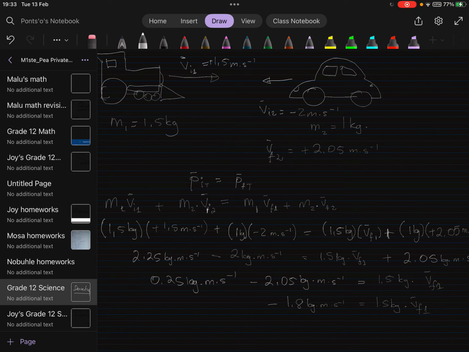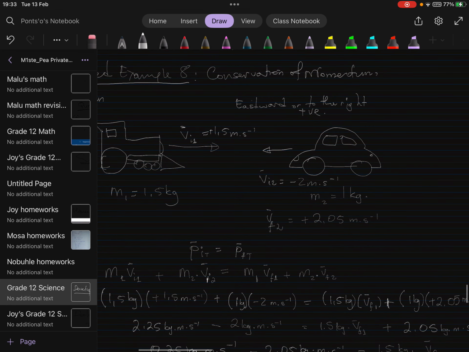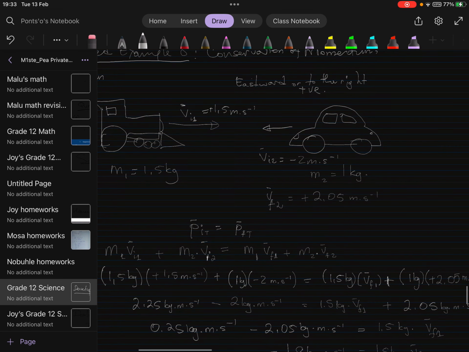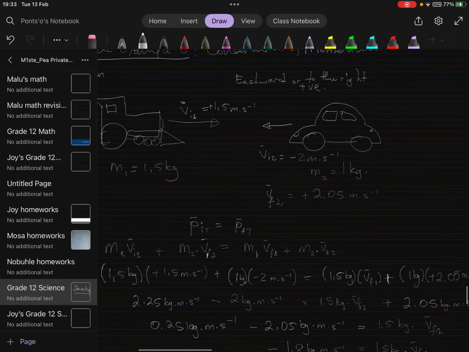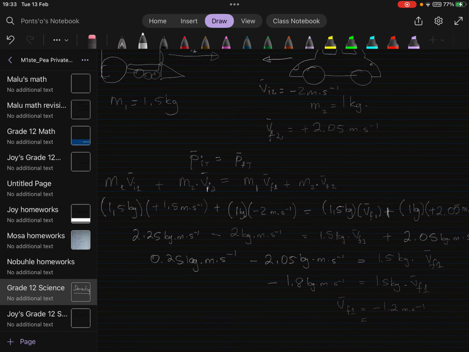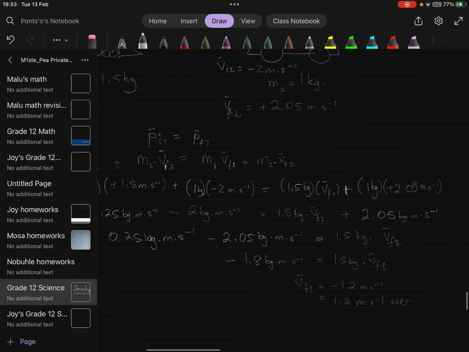That equals 1.5 kilograms times the final velocity of object 1, and then we divide by 1.5, and we get the final velocity of object 1 to equal negative 1.2 meters per second, which means it changed direction after the collision. 1.2 meters per second westward or to the left.